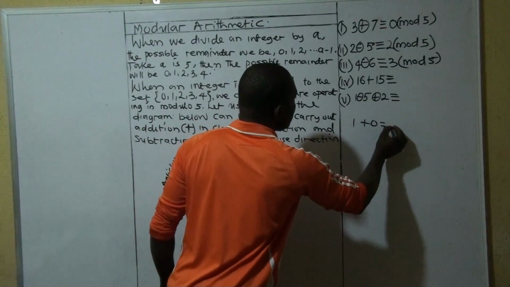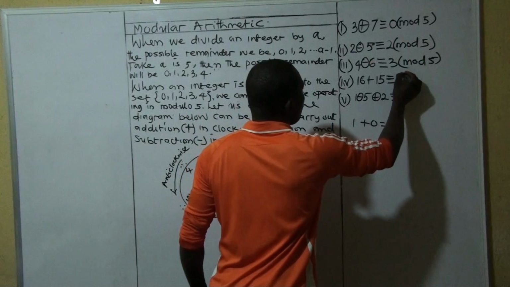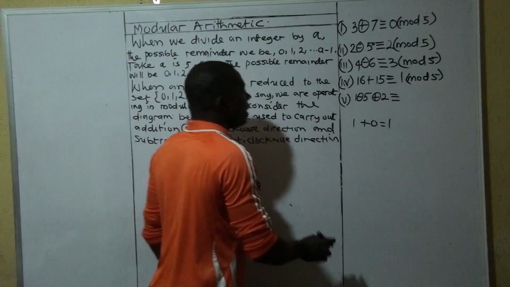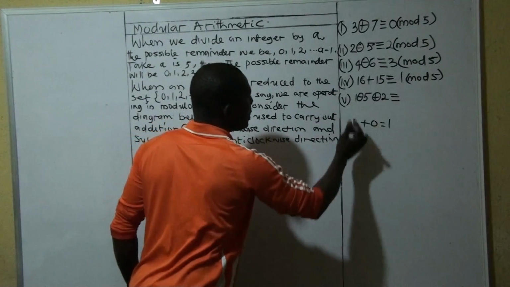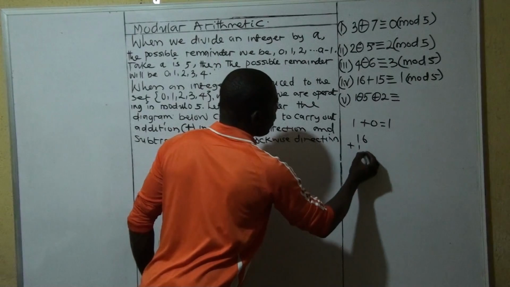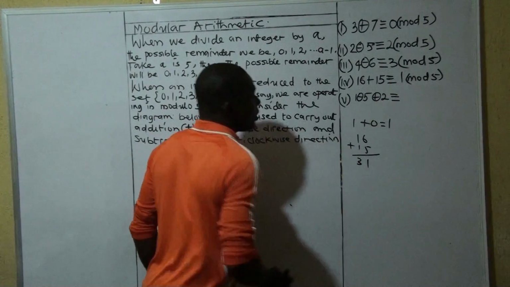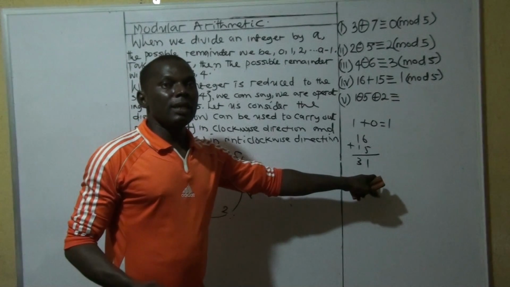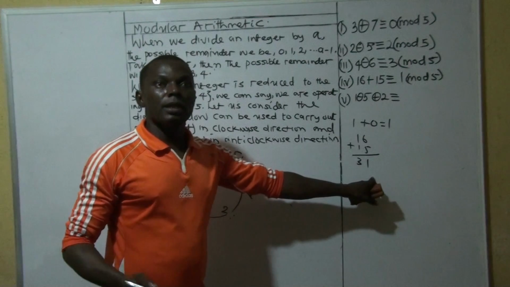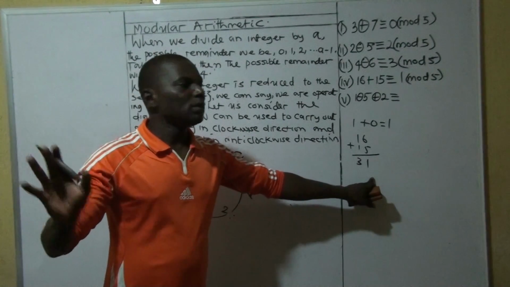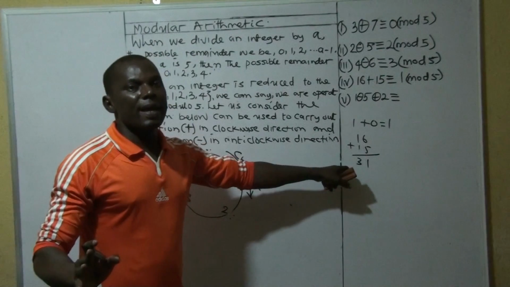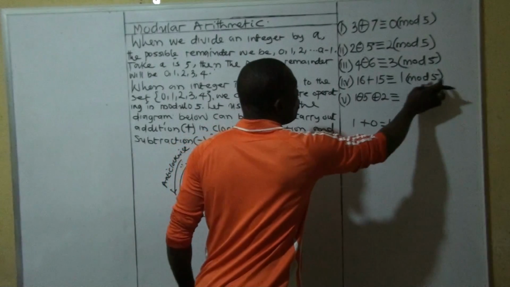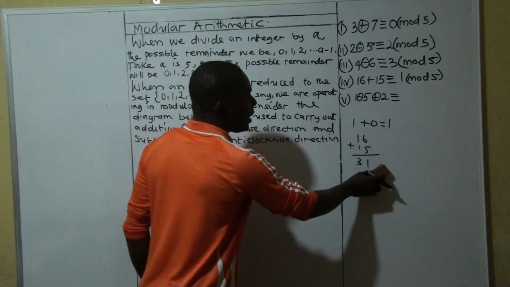So 1 plus 0 is 1, and our answer will be 1 modulo 5. Another way: 16 plus 15 gives us 31. We ask ourselves, how many groups of 5 are there in 31 and what is the remainder? We have 6 groups of 5 there, and our remainder is 1. So we pick the remainder, and it gives us 1 modulo 5. That's another way you can do it.